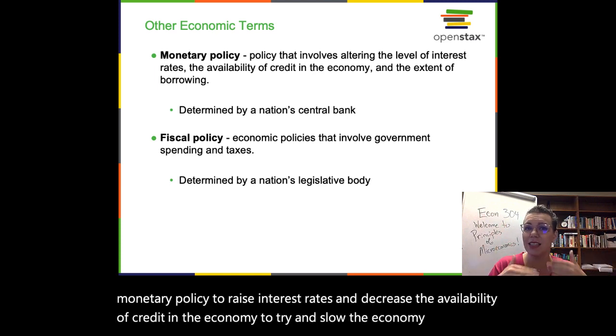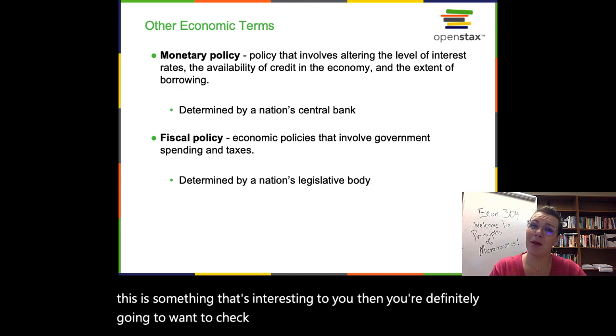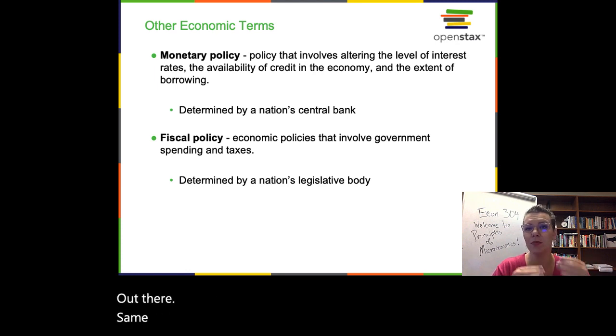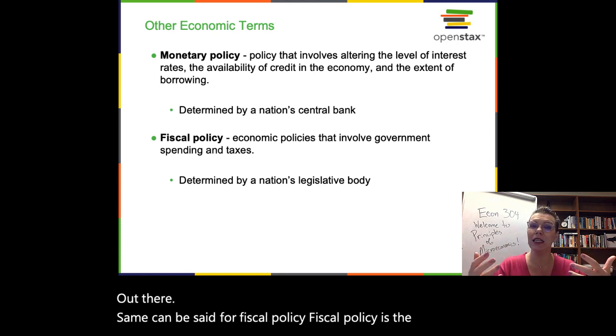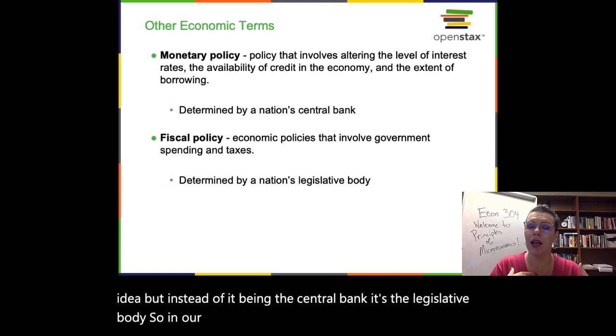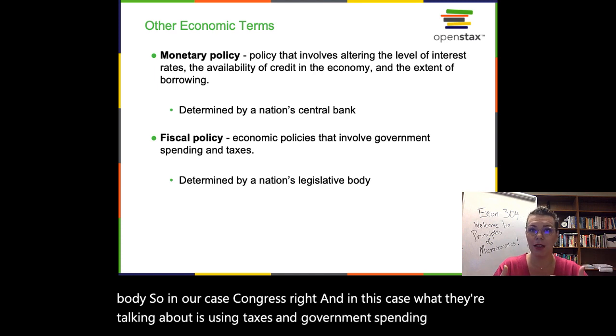And if this is something that's interesting to you, then you're definitely going to want to check out Principles of Macroeconomics, because we'll talk about it a lot there. Same can be said for fiscal policy. Fiscal policy is the same general idea, but instead of it being the central bank, it's the legislative body. So in our case, Congress, right? And in this case, what they're talking about is using taxes and government spending to affect the economic outlook.